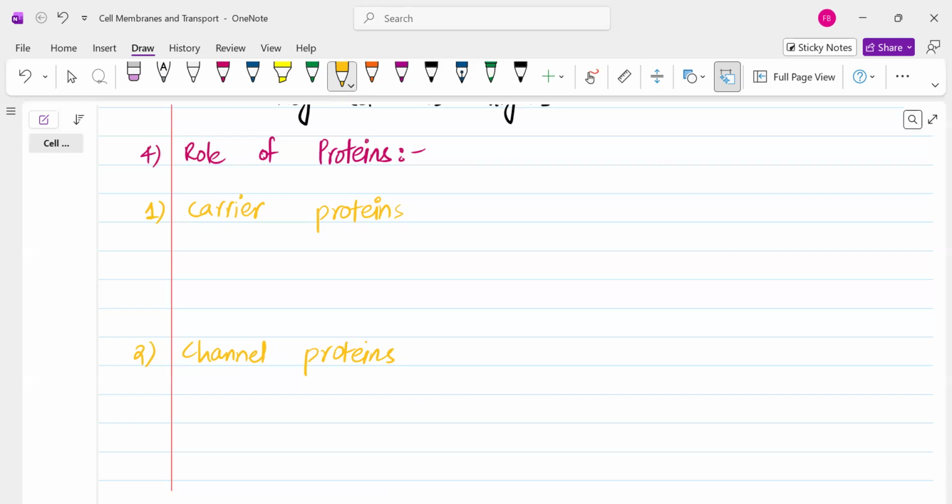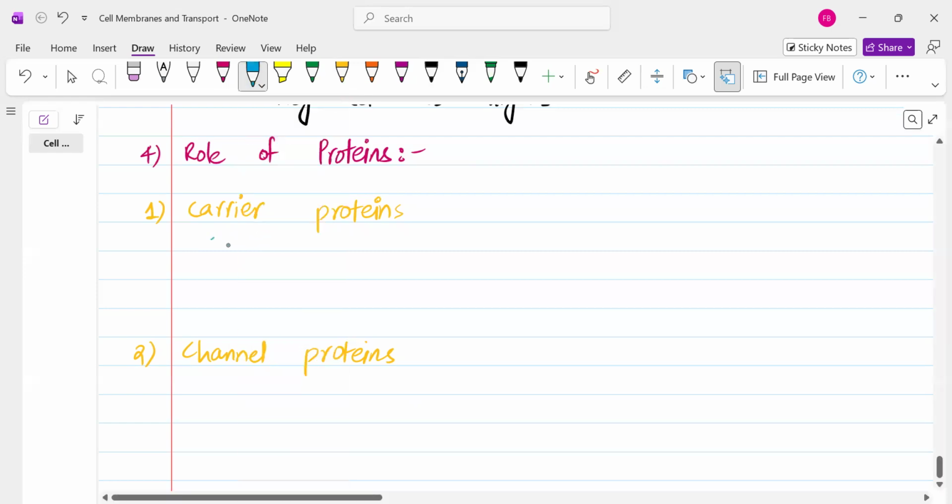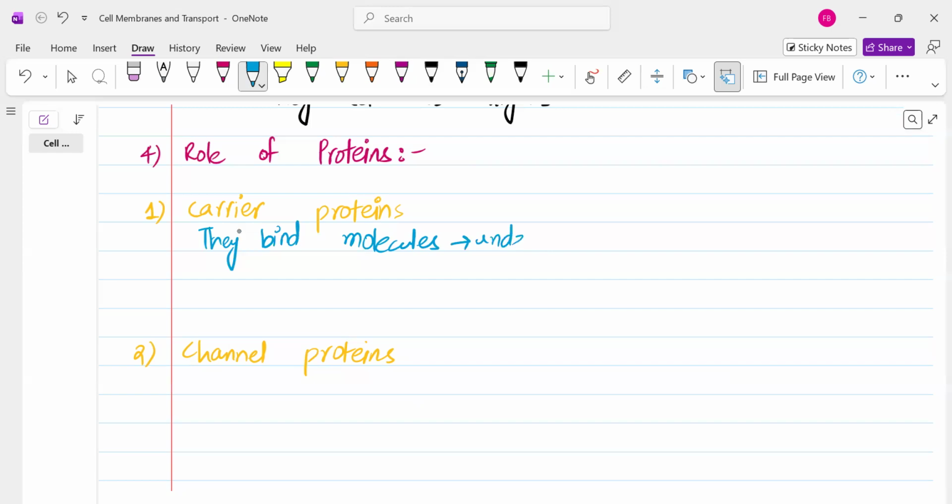The basic difference is that the carrier proteins bind molecules with them, and then they undergo conformational changes.